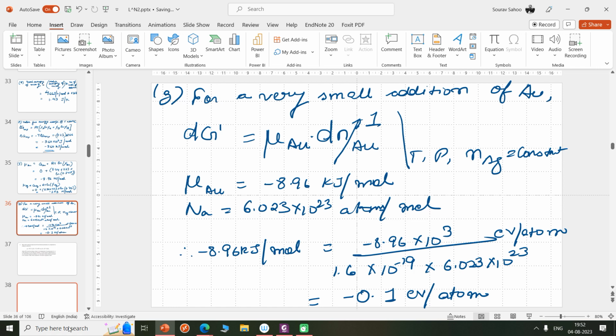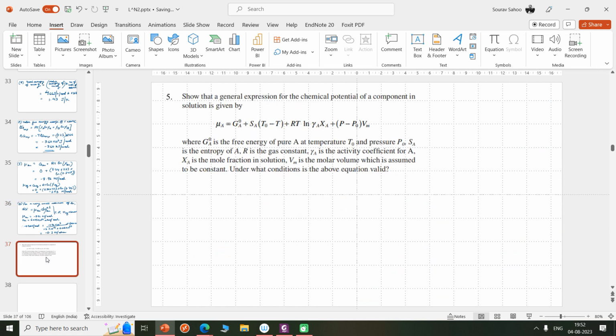Right. So now we go on to the next question, number 5. It has been asked to show that the general expression for the chemical potential of the solution is given by this formula. We know that mu A is G A plus RT ln activity a A, which is gamma A times chi A. How is this coming?